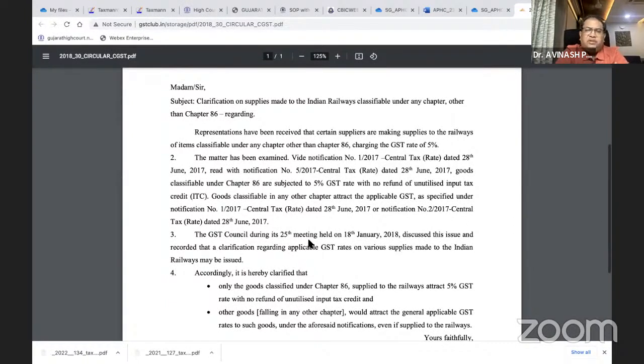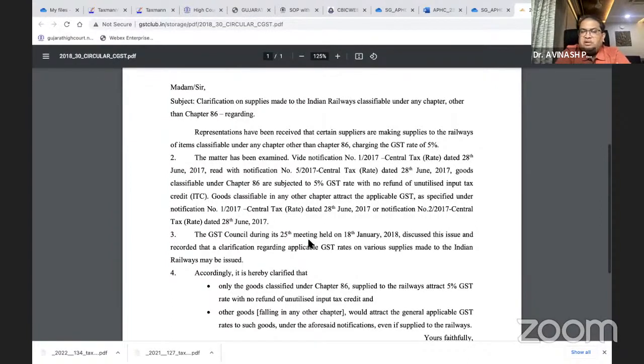The matter has been examined. Vide notification 1/2017 dated so and so, read with notification 5/2017 dated so and so, goods classifiable under chapter 86 are subjected to 5% GST rate with no refund of unutilized input tax credit.